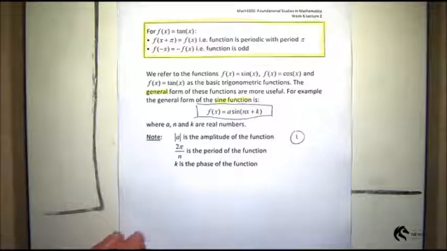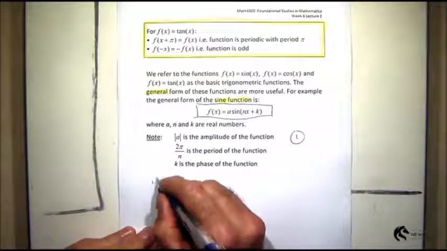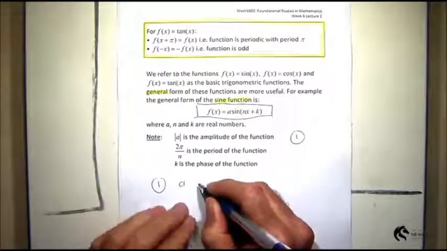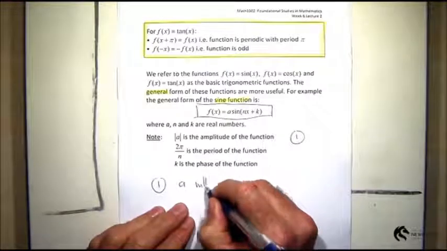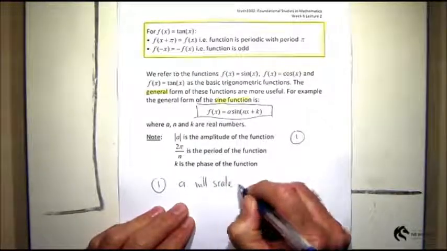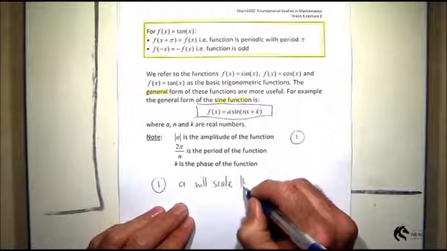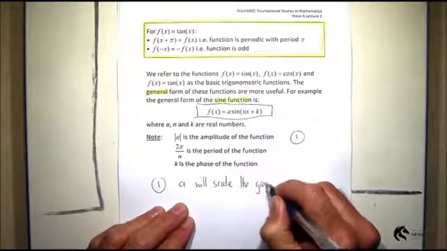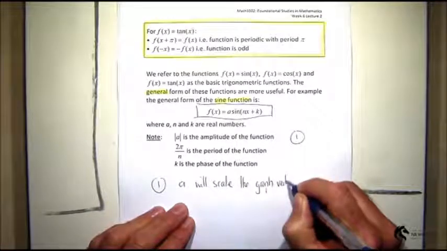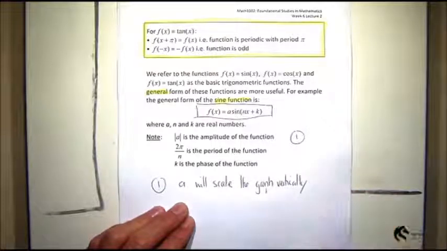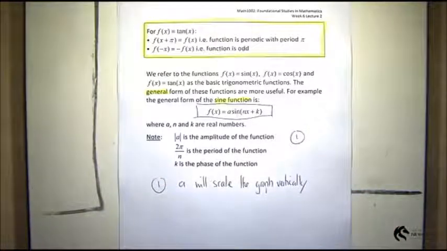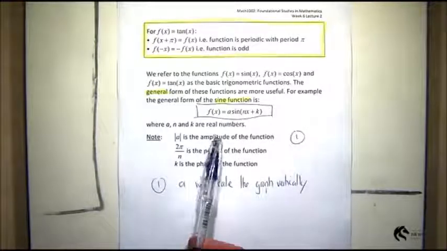So I'll just say here, the number a will scale or stretch, sometimes compress, the graph vertically. And that, when we're talking about trig functions, actually has a name, that factor. It's called the amplitude of the function.